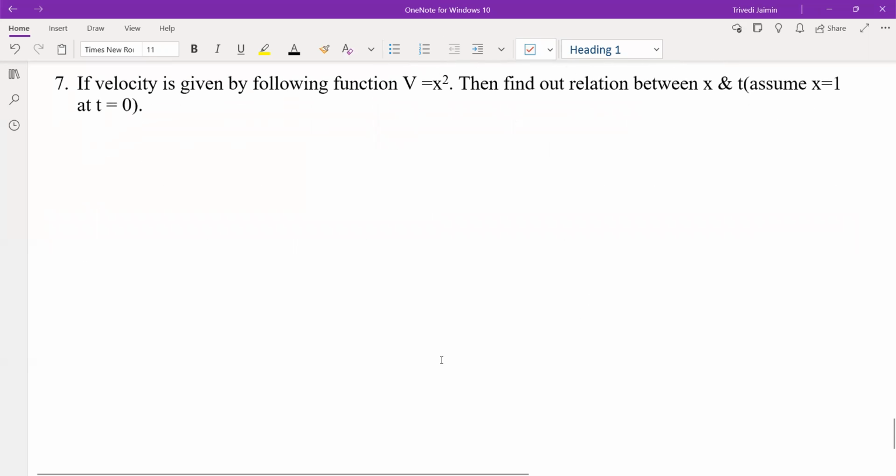It is a little bit different. Okay, so what they're saying is velocity is given by the following function, v equals x squared. Find out the relation between x and t.